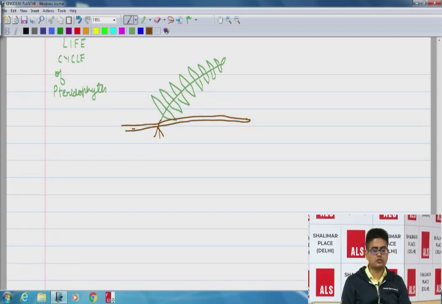It runs parallel to the ground surface, and adventitious roots are given off like this.